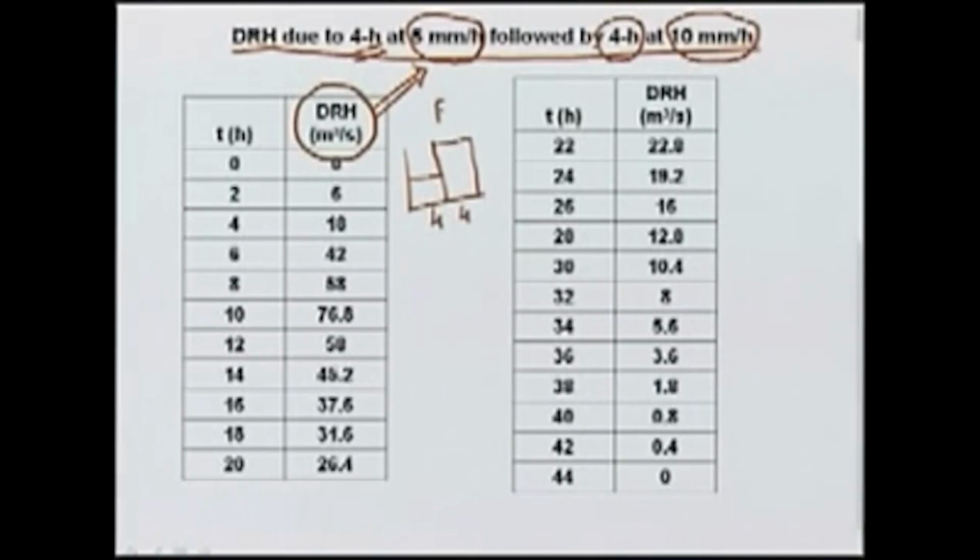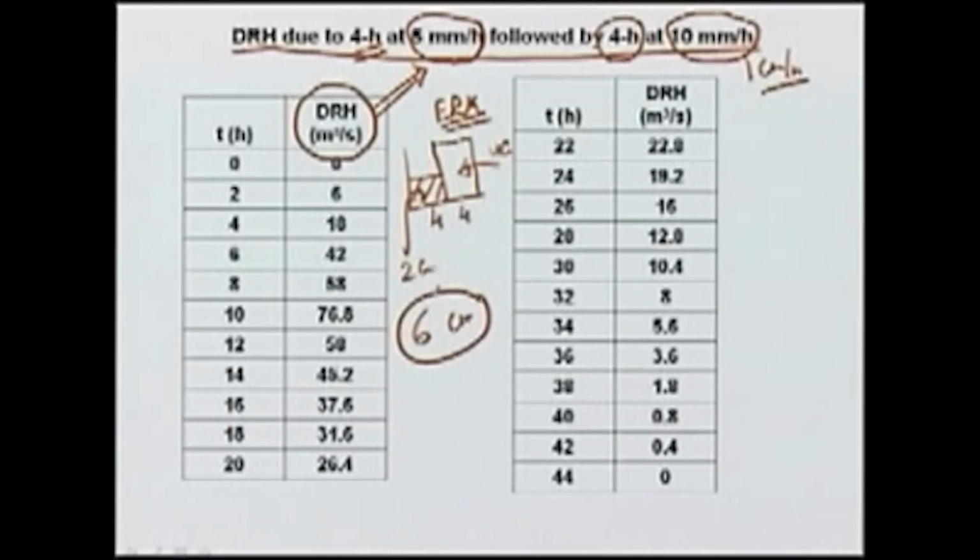This is the ERH. So, we have 2 centimeter rainfall here, 4 into 5 millimeter, and another 4 centimeter of rainfall here, because this is 1 centimeter per hour for 4 hours. So, in total we have 6 centimeter of rainfall over the area, which is 60 kilometer square.